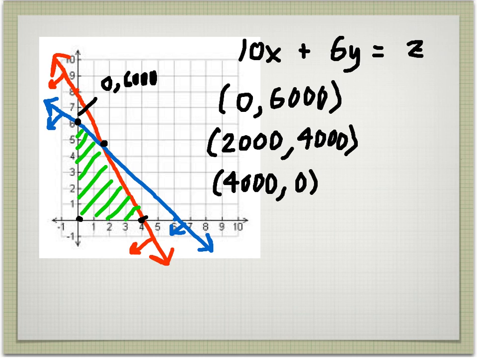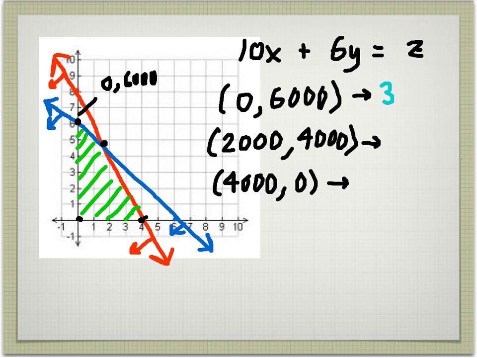I need to check each of these because I know that from that vertex theorem that one of these 3 points is going to give me my maximum value, and that's what I want. So just substituting these values in for x and y was 0, 6,000. I'm going to end up with, I'm going to get a different color here for emphasis.